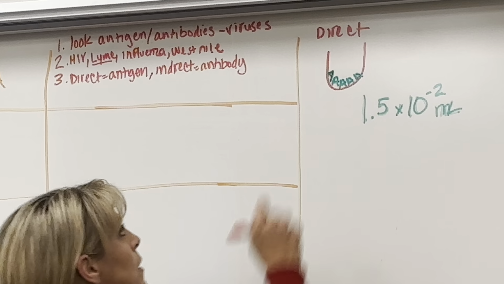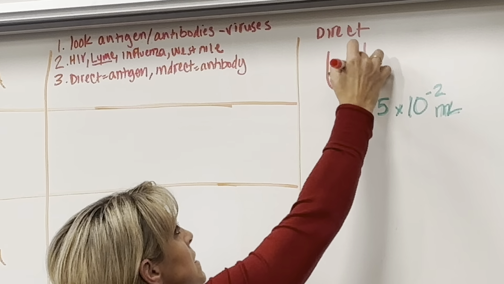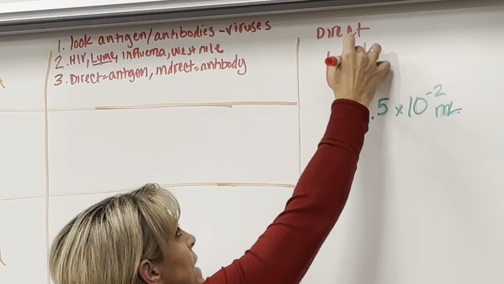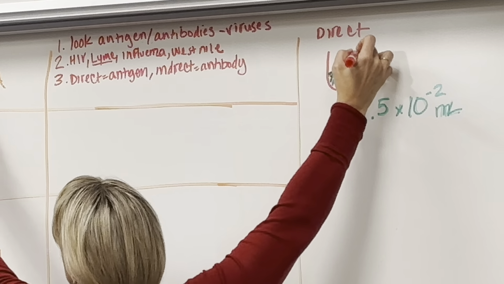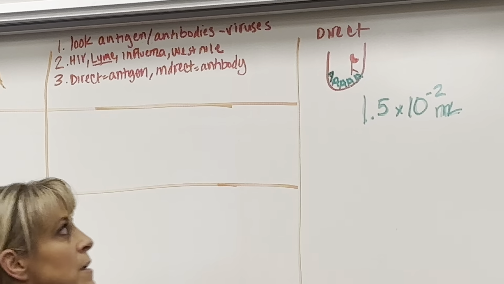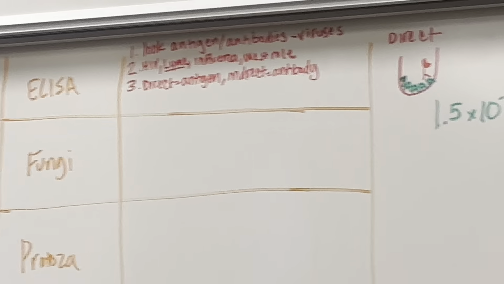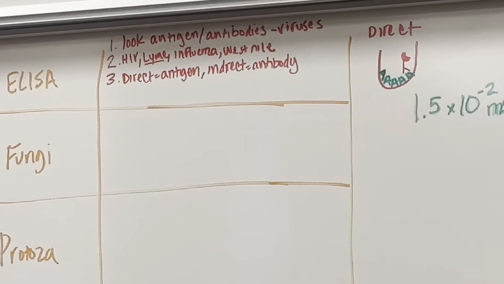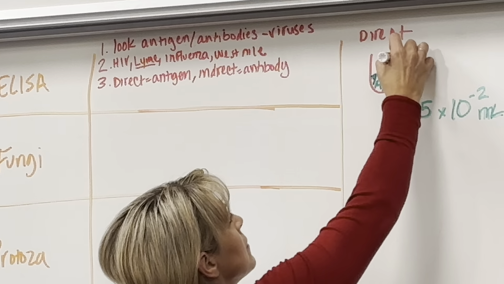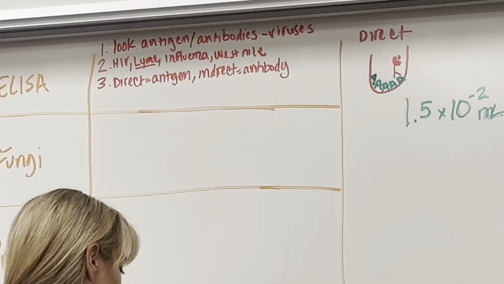Here's our store-bought antibodies and our enzyme-linked immunosorbent assay. Here's our enzyme-linked antibody. And then we added a chromogen that will change color. I'll make these all, because we store-bought all of those.